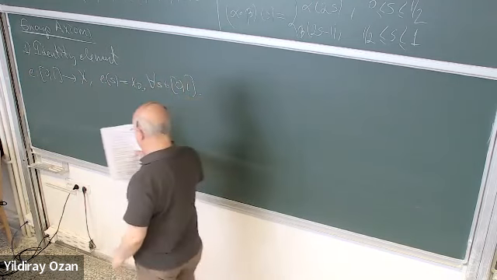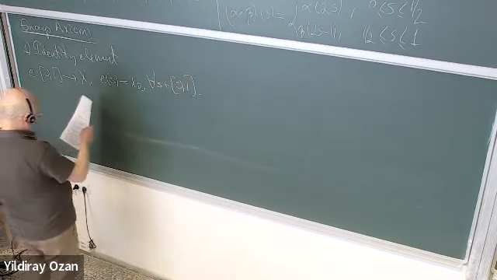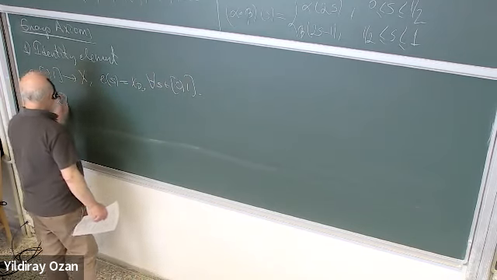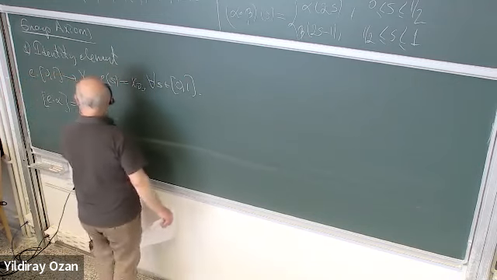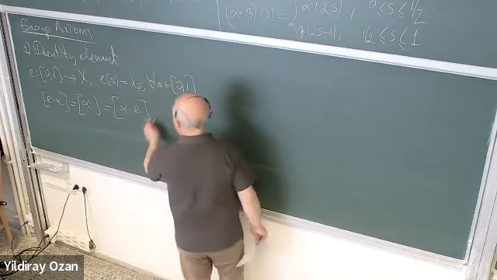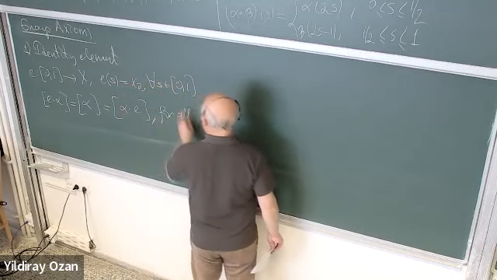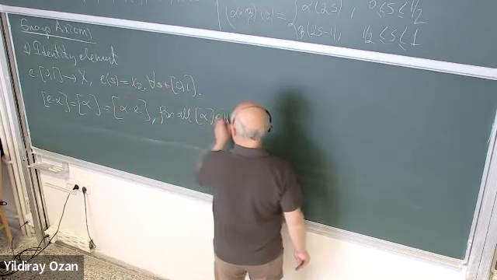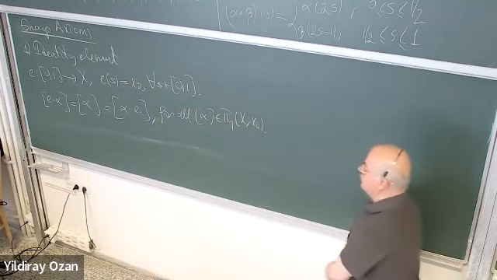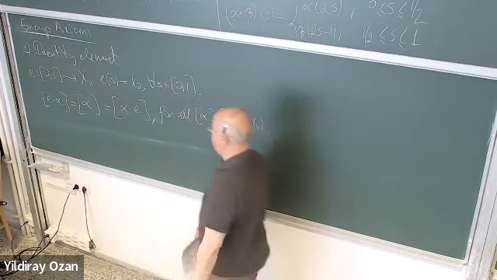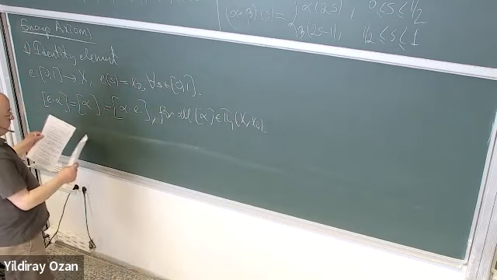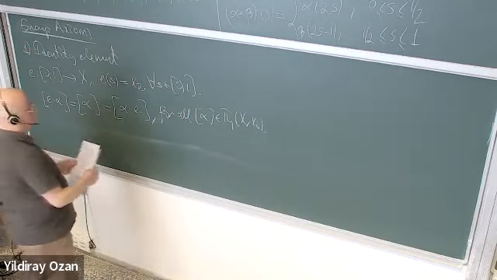We claim that this is the identity element. So what we claim is E times alpha is the same as alpha, and alpha times E is again alpha, for all alpha in pi1(X, x0), so that this is the identity element. The proof is easy. Okay, so proof.